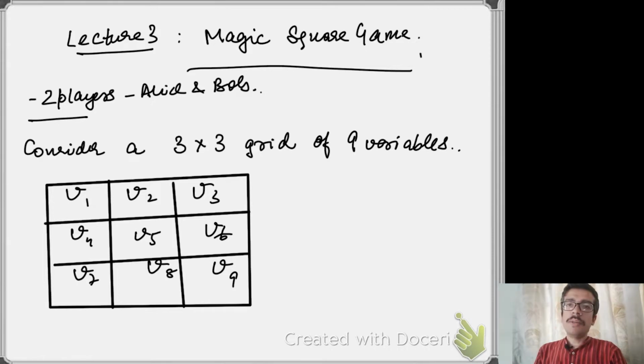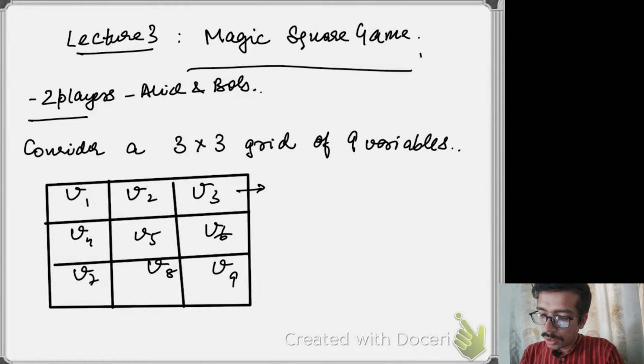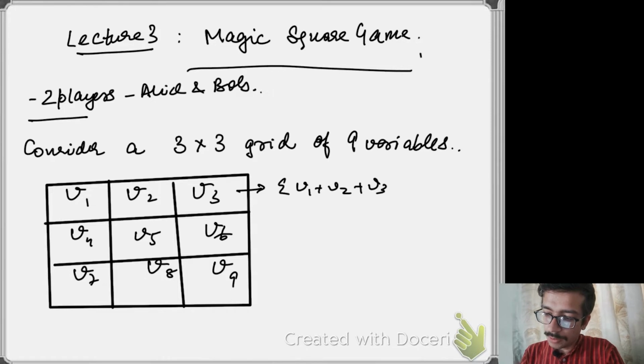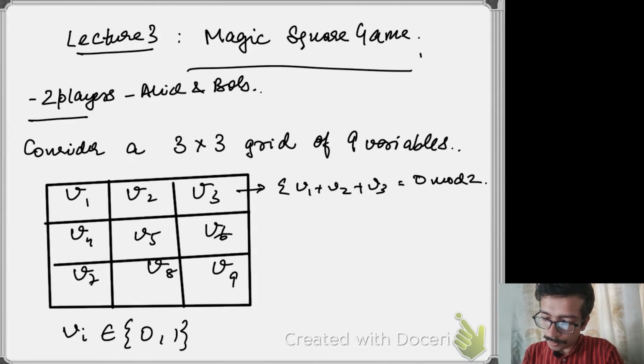And on these 9 variables, we have some constraints. So what are these constraints? The first constraint is that the sum of the variables across the first row, that is V1 plus V2 plus V3, must equal 0 modulo 2. Consider each of them as binary variables. Modulo 2, the first row should sum to 0.